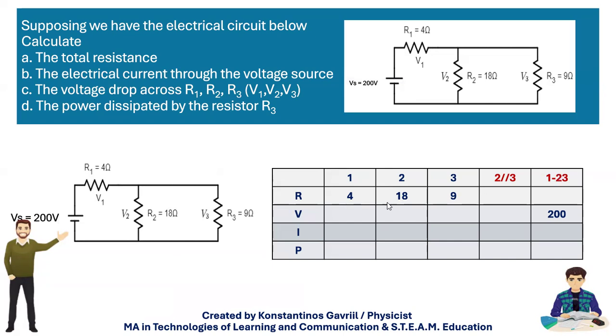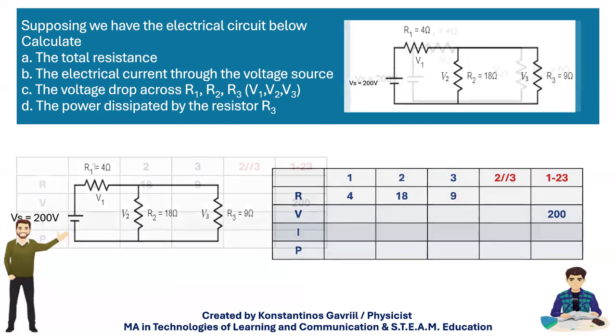Okay, after that I'm going to put the values. R1 equals 4 ohms. R2 equals 18 ohms. R3 equals 9 ohms. And as I can see, the voltage source gives me a voltage of 200 volts to all of the circuit.